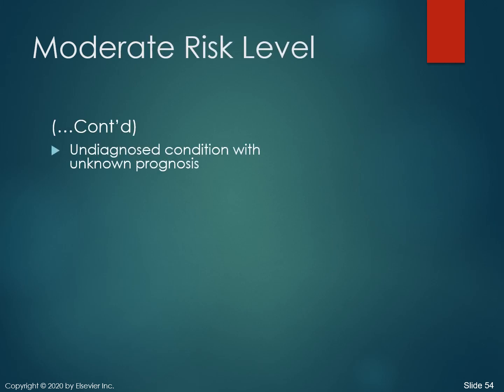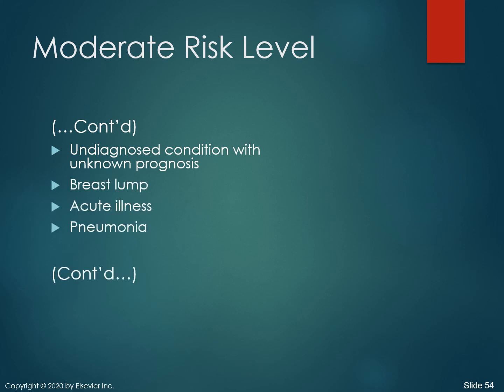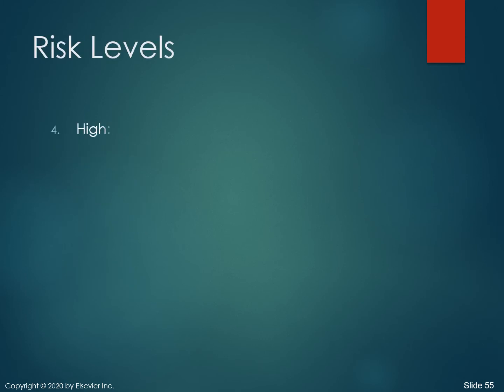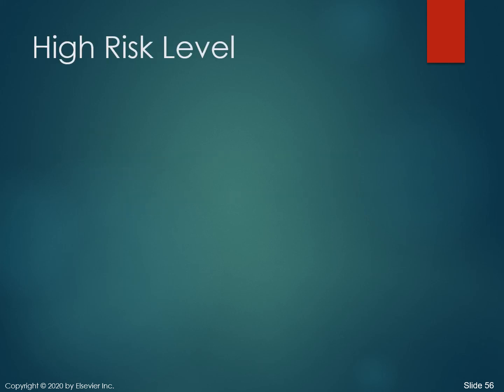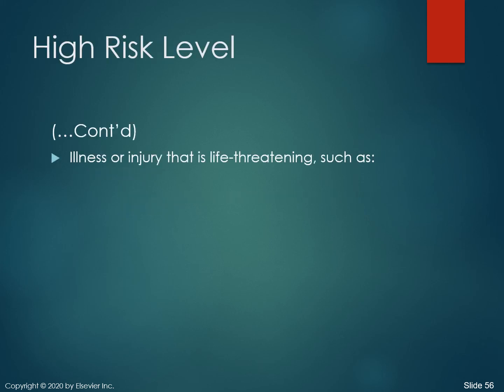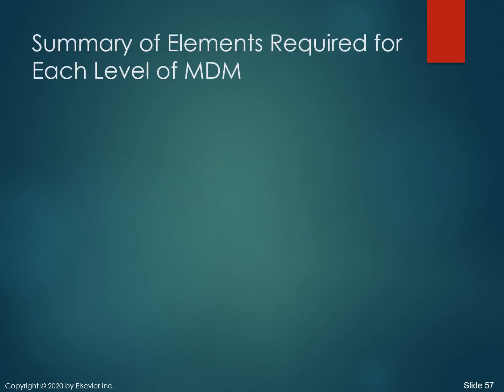Moderate risk level is an undiagnosed condition with an unknown prognosis, like a breast lump, an acute illness, or pneumonia. And the risk levels for high would be 1 or more chronic illnesses with current severe exacerbation, malignant hypertension, and uncontrolled illness or injury that is life-threatening, such as myocardial infarction and cardiac arrest.